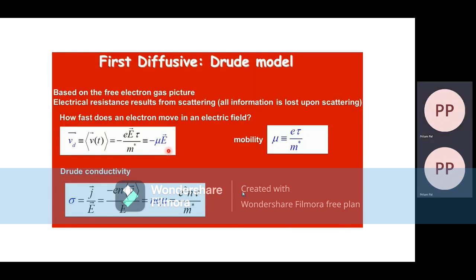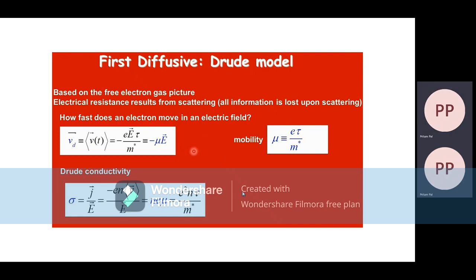Now move to the next slide. So now we'll discuss the Drude model, just to get us all on the same page. We start by reviewing the classical diffusive transport, which is well described by the Drude model.